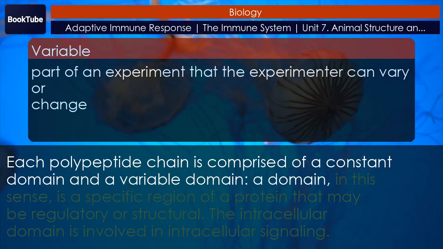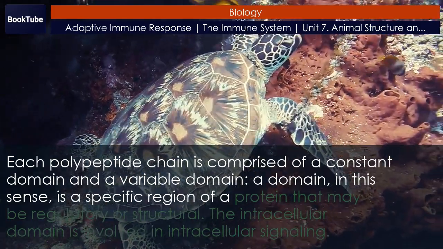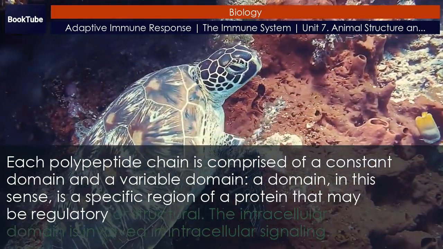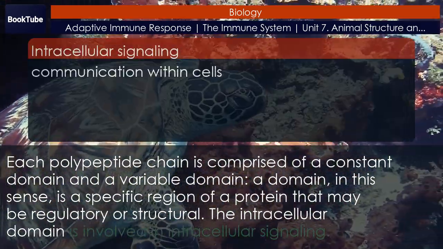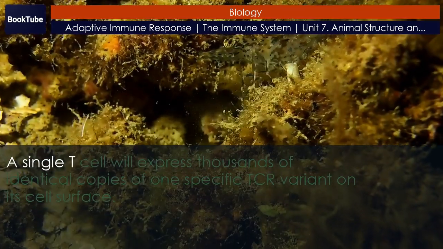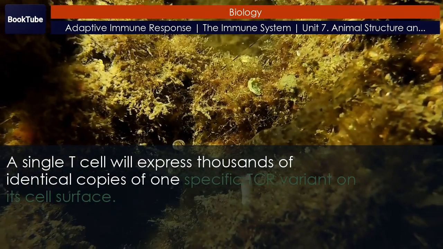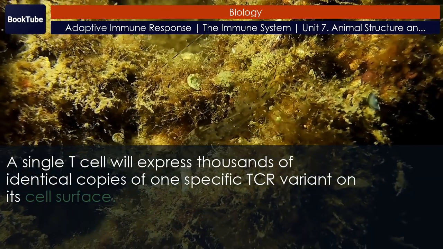A domain, in this sense, is a specific region of a protein that may be regulatory or structural. The intracellular domain is involved in intracellular signaling. A single T cell will express thousands of identical copies of one specific TCR variant on its cell surface.